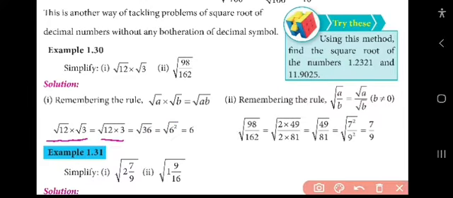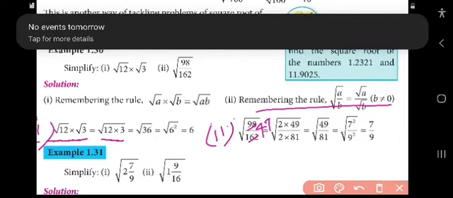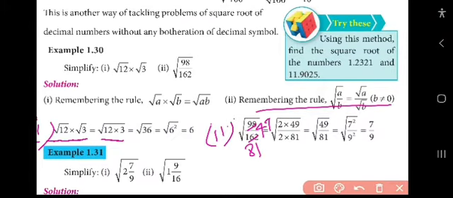Next, the second one. We use the formula root of a by b equals root a by root b. So root of 98 by 162. Here we simplify using the second table: 49 2s are 98 and 81 2s are 162. So we can write directly root of 49 by 81.